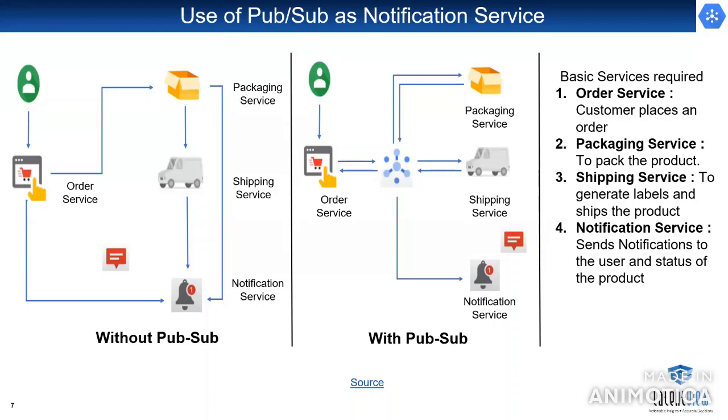Say, for example, let us consider this to be an e-commerce website or application. The user places an order, which is processed and then sent to the packaging service to be packed, then to the shipping service where it is shipped, and finally the message is sent to the notification service, and the user gets notified on the status of the product.